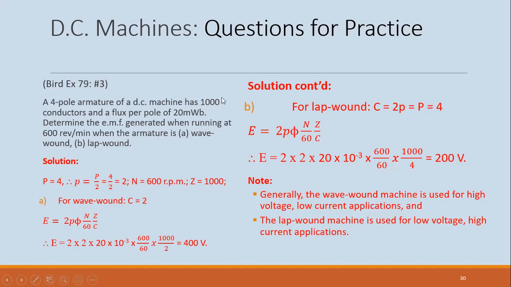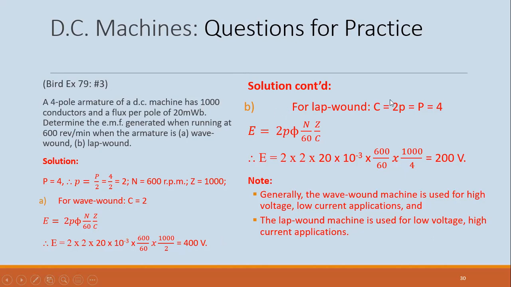All right, so again, you pull out your data. Z is equal to 1000, number of conductors. P is equal to 4, capital P. When it is wave wound, C will be equal to 2. So E = 2P phi N Z over 60C. Substituting the data, E is equal to 400 volts.